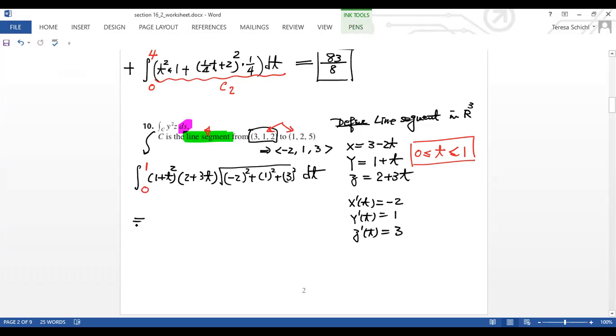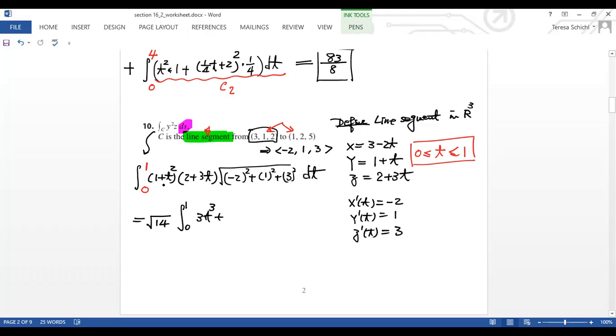So I think I got this one. This one is 14, right? That's inside the square root. Then this will be 0 to 1. And when you FOIL it, you will get 3t cubed plus, so it's 1 plus t squared, right?